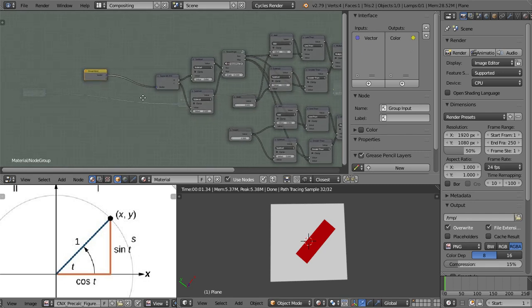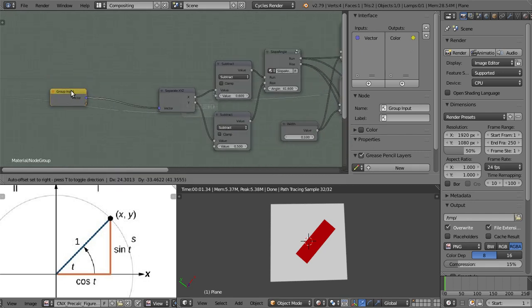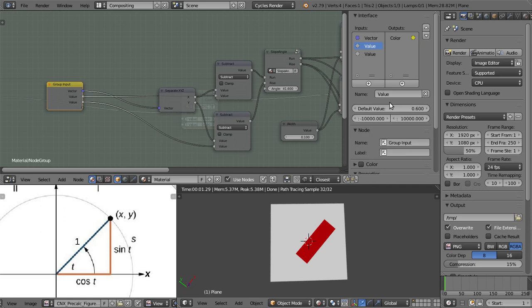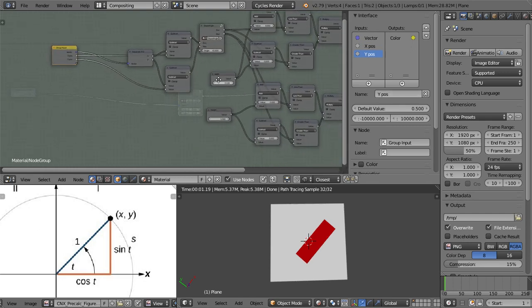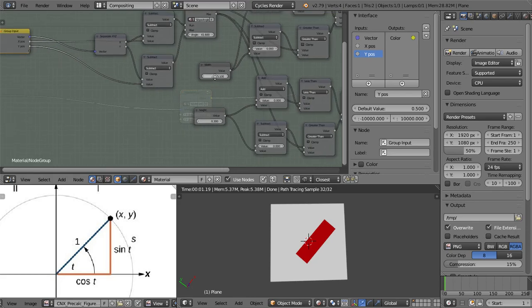What do we want exposed? We want X and Y position. So this will be X position. This will be Y position. And we want the width and height.